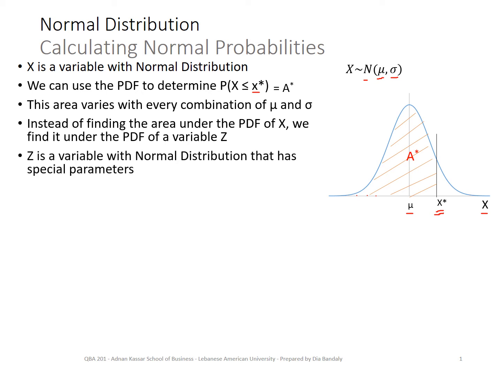Z is a variable that has a normal distribution, but it's a very special distribution. And when I say very special distribution, I'm referring to the parameters. Okay, these parameters are peculiar. Why? Because z has a normal distribution, and the mean is equal to 0, and standard deviation is 1, right? This is why it's also called the unit normal distribution or standard normal distribution.